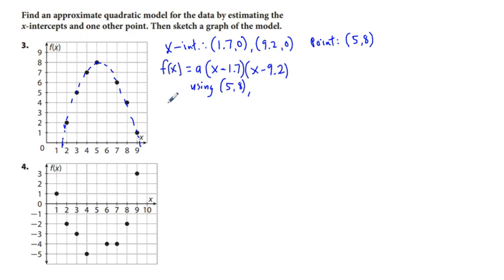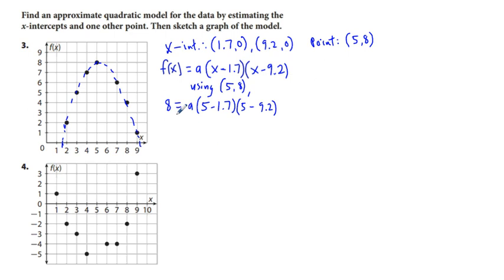f of x, well that's going to be 8 is equal to a times quantity, we're going to have 5 for x minus 1.7 times quantity 5 minus 9.2.